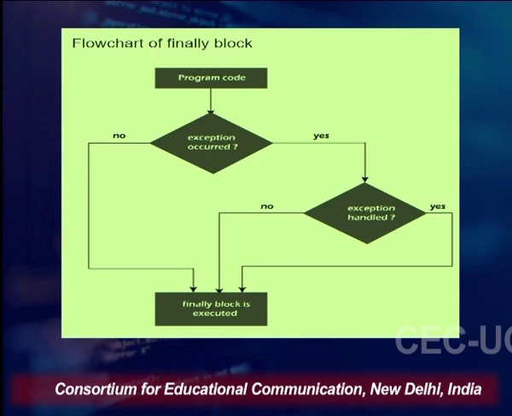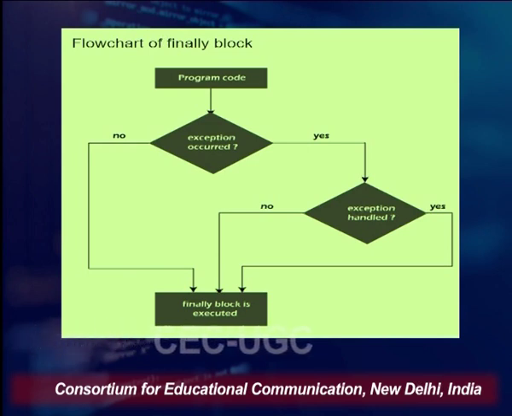Apart from this, even if the exception is not generated, the control or the branch comes to the finally block. So in all three situations, whether the exception is generated and handled, the finally block will execute.